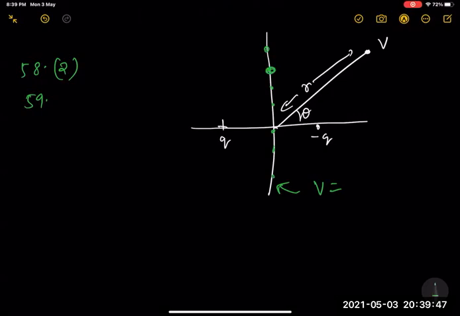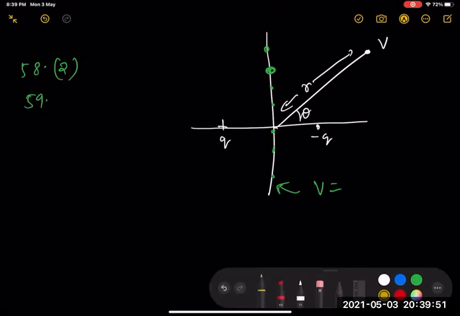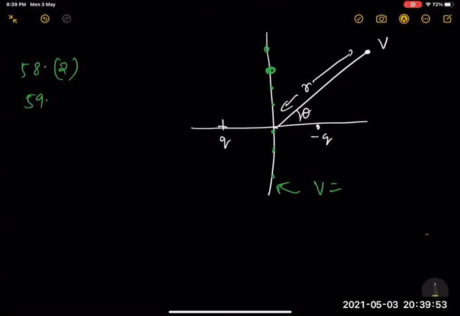It is kq by r1 plus k minus q by r1. So what is the potential?